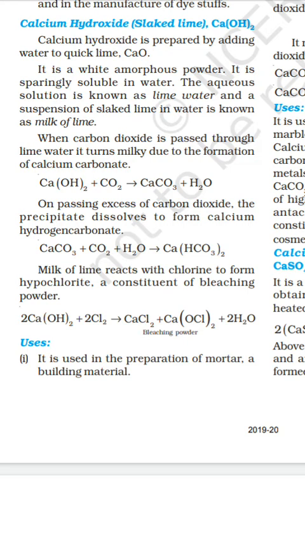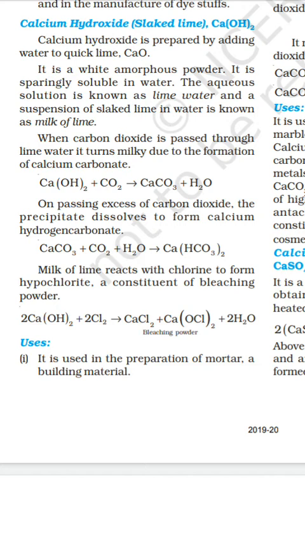When carbon dioxide is passed through, lime water turns milky due to formation of calcium carbonate. Ca(OH)2 plus CO2 to form CaCO3 plus H2O. On passing excess carbon dioxide, the precipitate dissolves to form calcium hydrogen carbonate. The reaction is CaCO3 plus CO2 plus H2O to form Ca(HCO3)2.